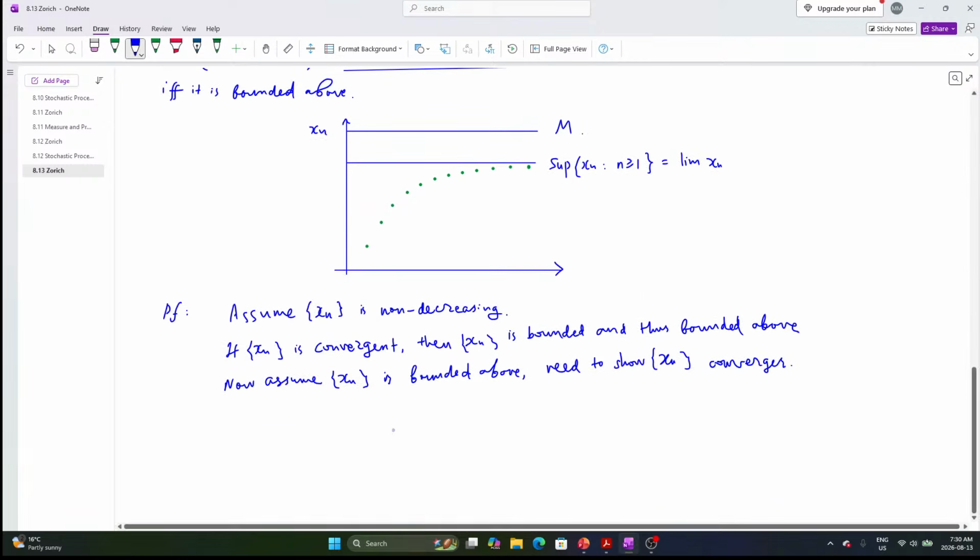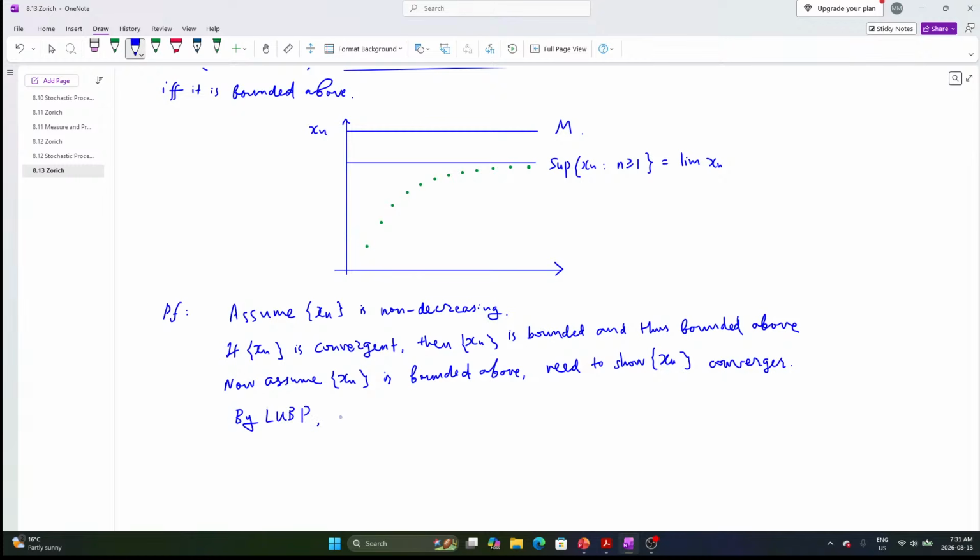So let's do that. Okay, so by the assumption and by the LUBP, the least upper bound principle, the set S, which is defined as the sup of xn, n greater or equal to 1, exists.